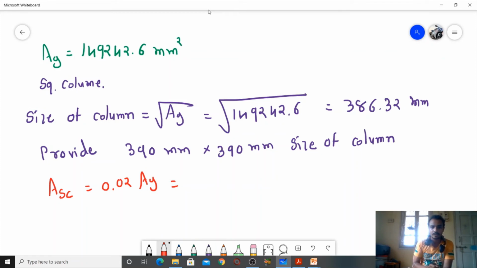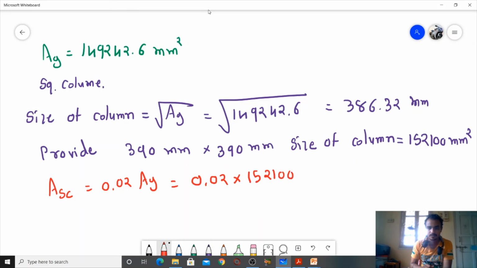Put the value 0.02 into Ag, the total area provided, which is 152100 mm square. So Asc is 3042 mm square.